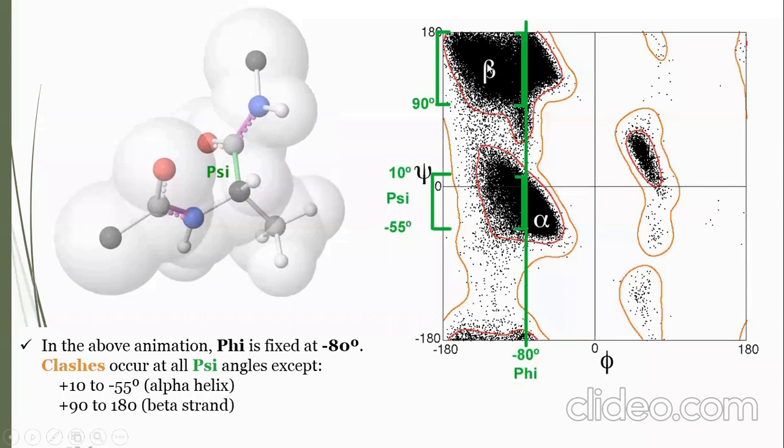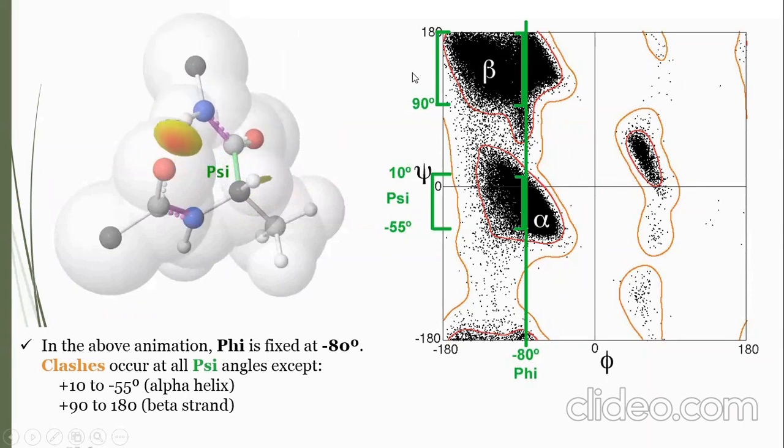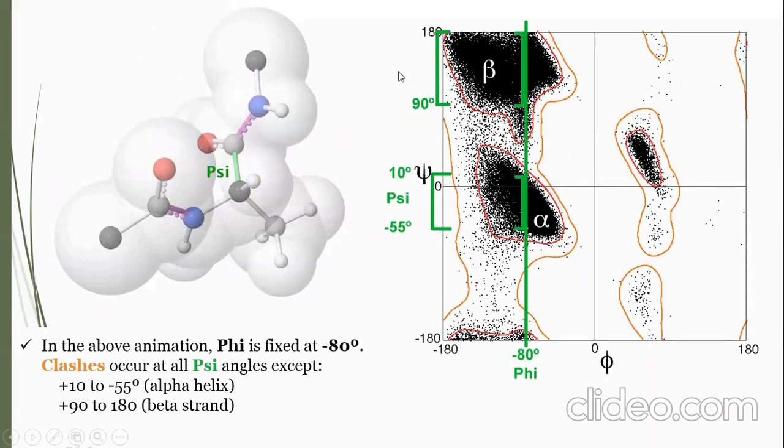So these two conformations are possible, the beta and the alpha, at minus 85. So by fixing phi at minus 80, psi can range in two possibilities, this and this one. These two ranges are given.